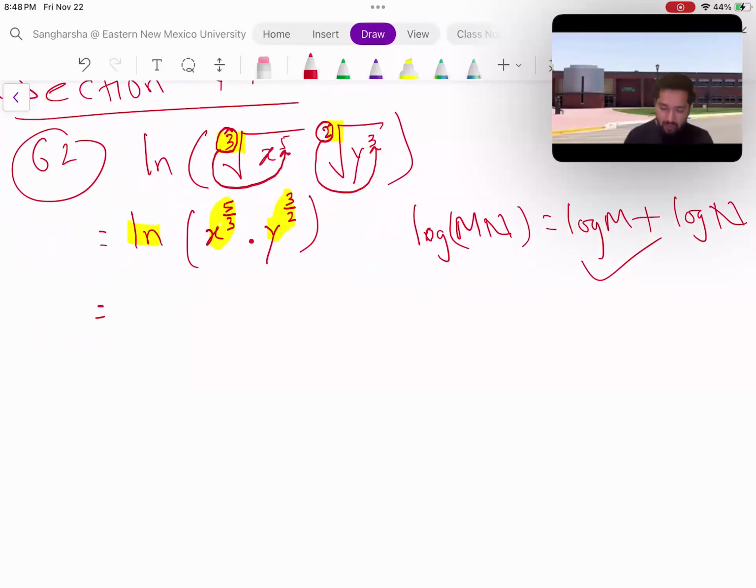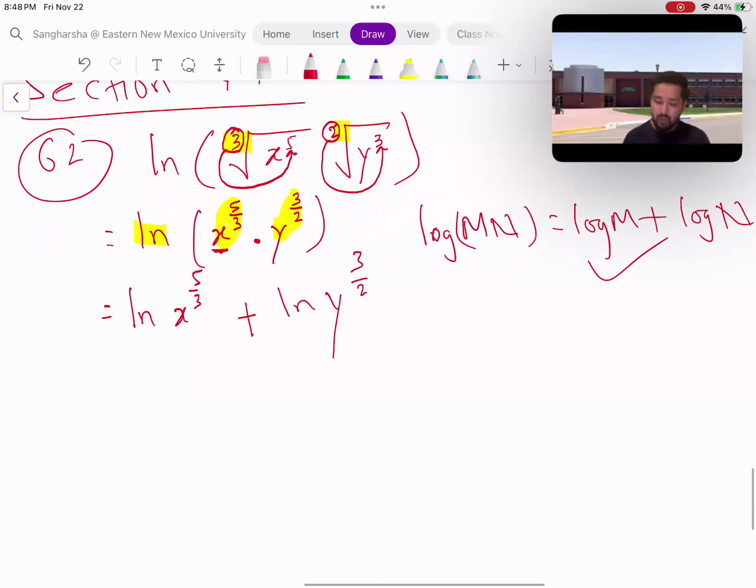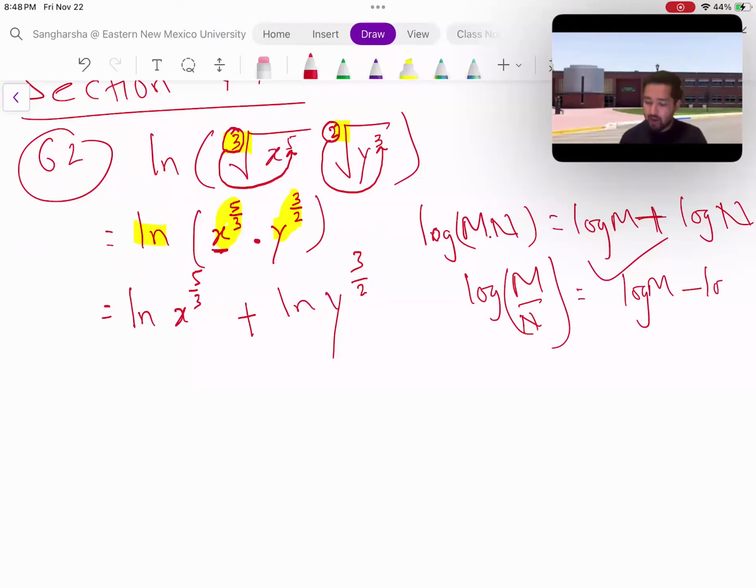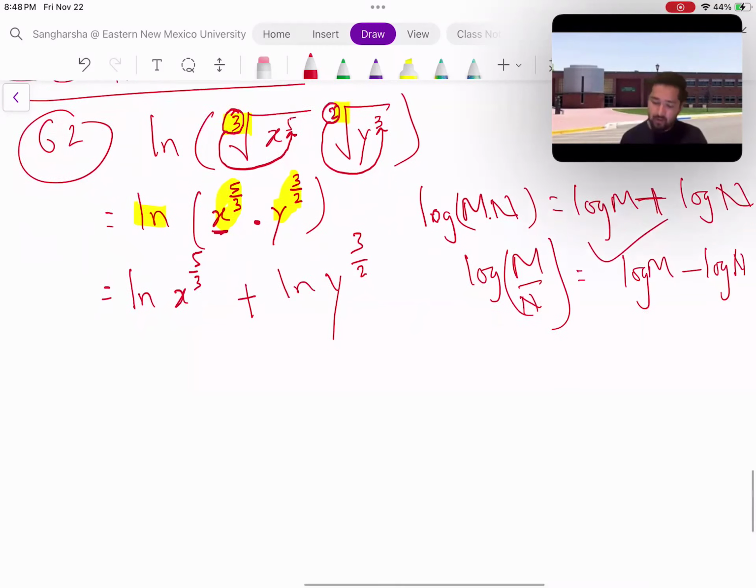We have ln of x to the power 5 over 3. Since it's a product, we have a plus. Now again write ln of y to the power 3 over 2. If you have a log of a product, you get a sum of logs. If you have a log of a quotient, you get the difference of logs, log of m minus log of n.